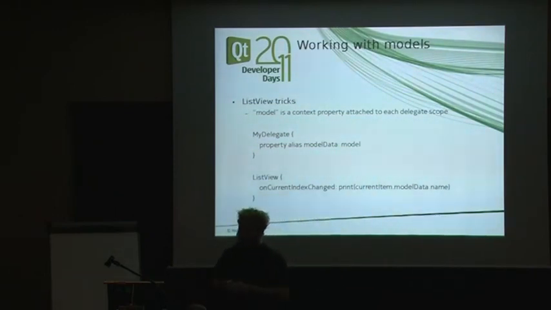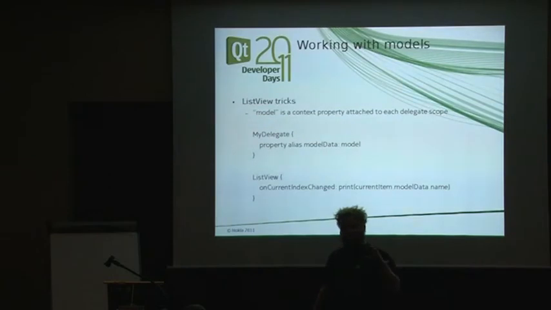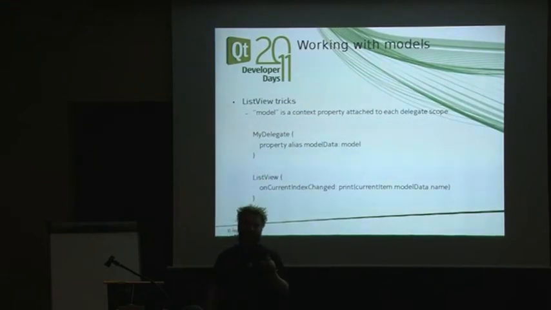As a delegate, you're in your delegate scope. You have attached properties. Actually, you have multiple attached properties, and one of the important ones is model. So if you write the delegate for a list view, for example, or a grid view or path view, in that delegate code you have a property called model, which gives you the possibility to access your data.